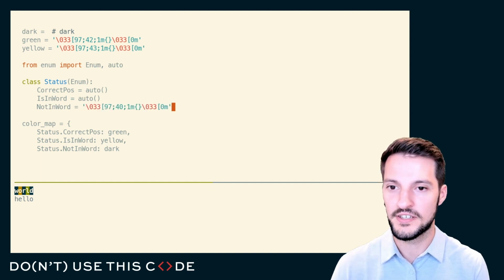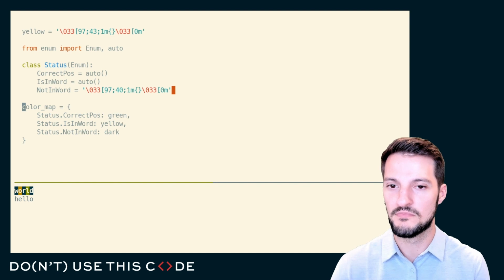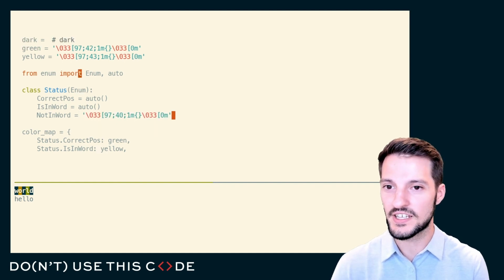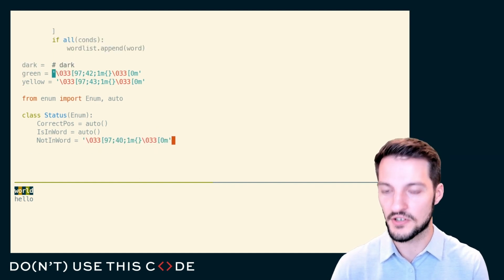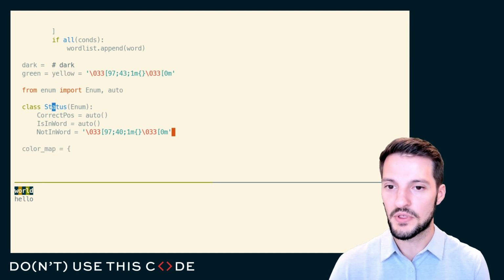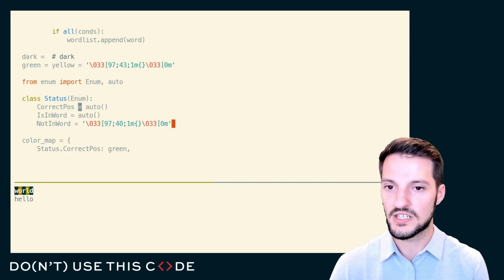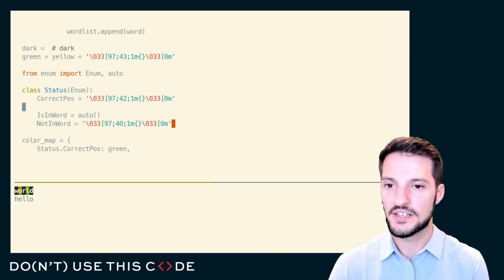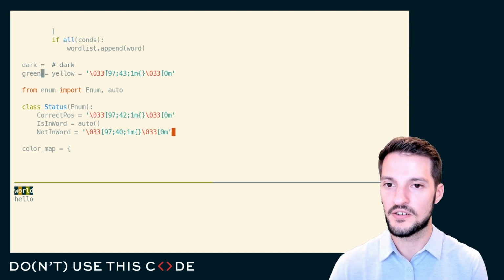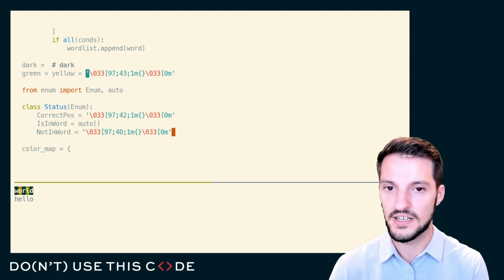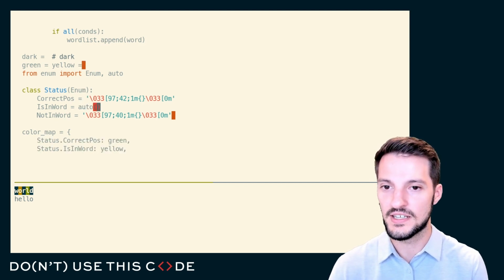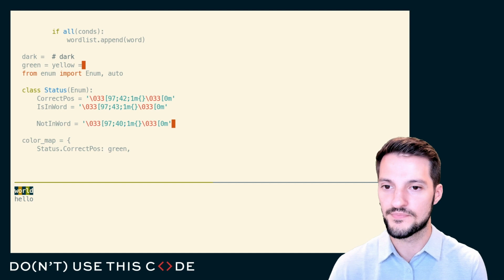Not in word can just be dark. And then I can do the same thing with green. This will be the correct position. And then I can do the last with yellow. And then I can do away with these named colors and things like that.